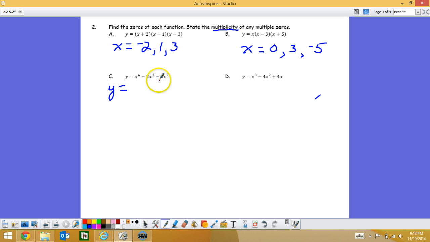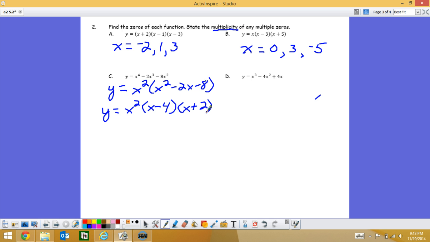To factor this in C, the first thing we're going to do is factor out the greatest common factor, which is x squared. After we do that, we have x squared minus 2x minus 8. Then we look for factors of -8 that add up to -2, and they are -4 and +2.